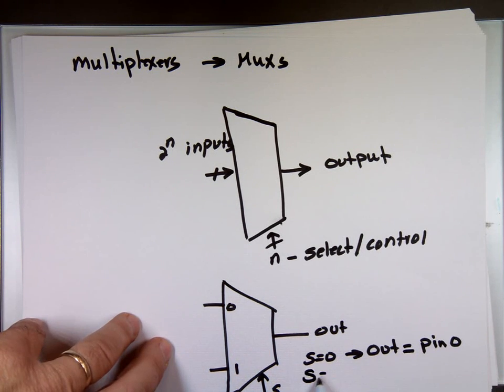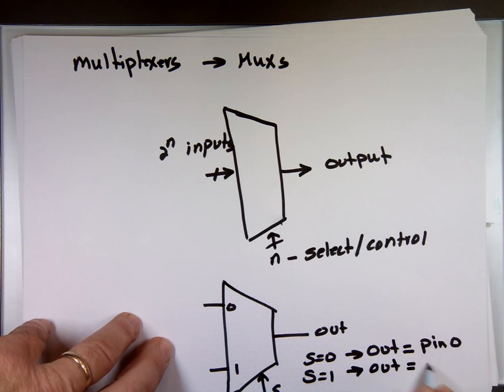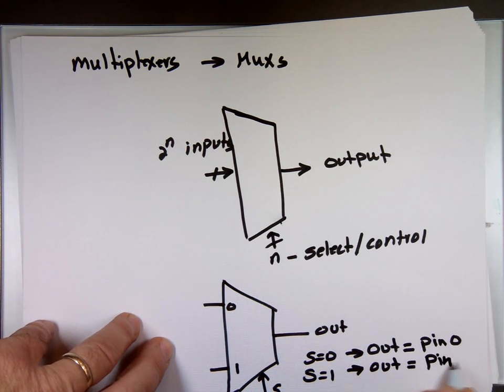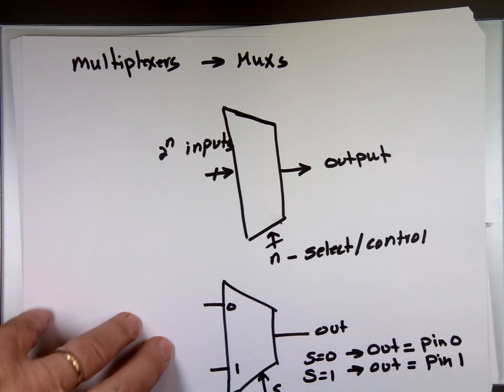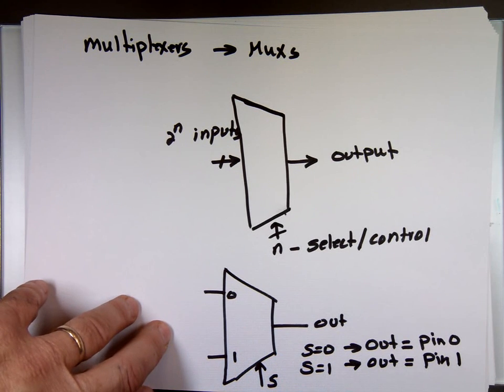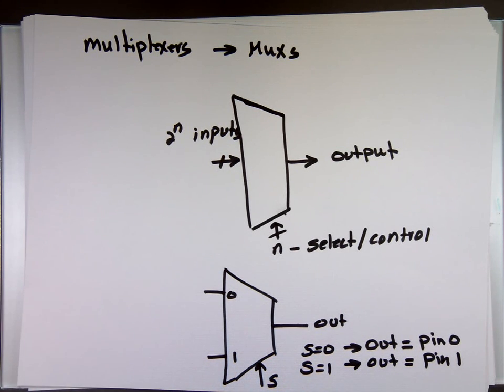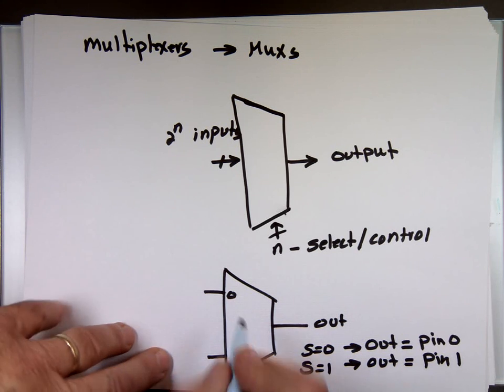When S equals 1, your output will be whatever you attach to pin number 1. This is a 2x1 mux.